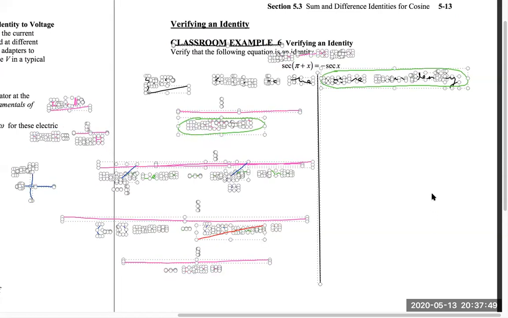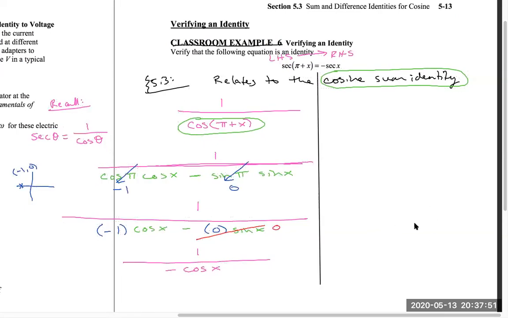Okay, there we go. That should be enough room. So then your final step here, the negative can come out front. And then 1 over cosine x, remember that is secant x. So left-hand side, simplified to right-hand side, and we're done.